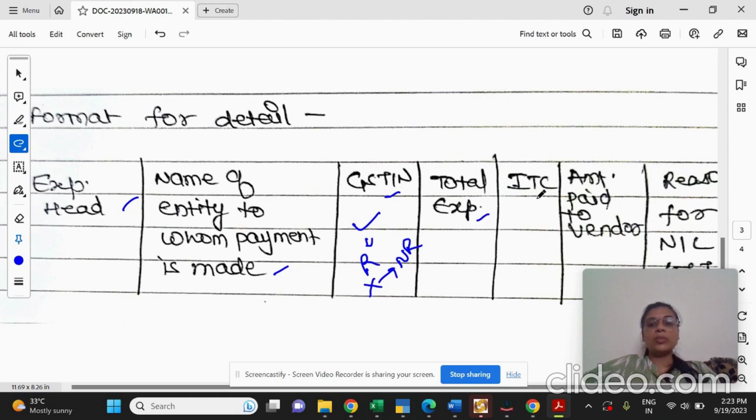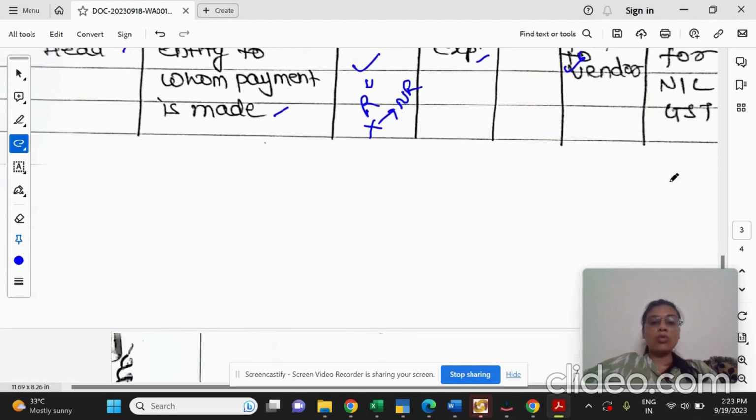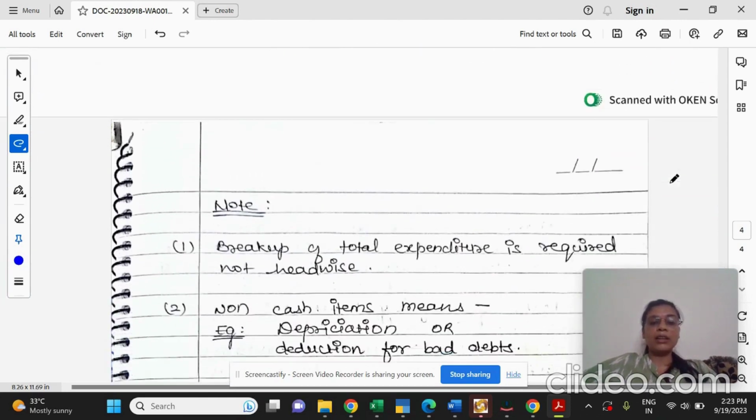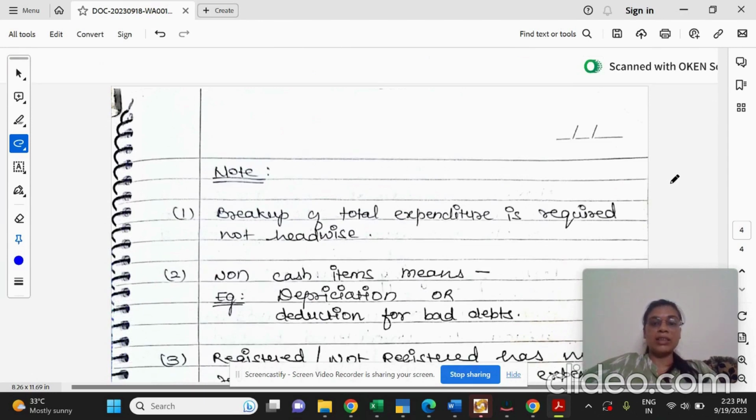Okay, and total expenses, ITC against it, amount paid to the vendor against it, and if it is nil rated, the reason why it is nil rated, whether it is non-taxable or exempt, needs to be known by you. So this is how you can ask for details from the client to make it easy for you to determine and bifurcate the expenses.